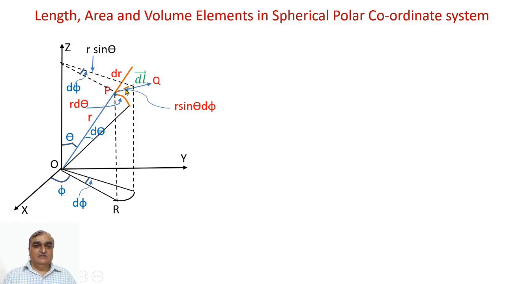Then, if we move this point from P to Q by dl, then this vector dl bar has three components. One is along the r curve, second is along the theta curve, and the third is along the phi curve. That dl bar is equal to dr into er cap.